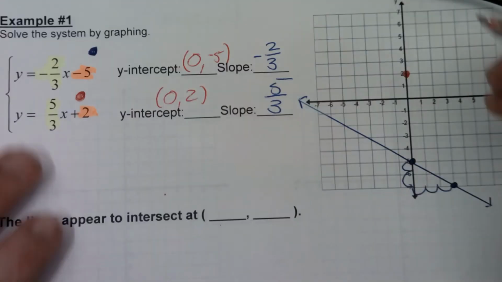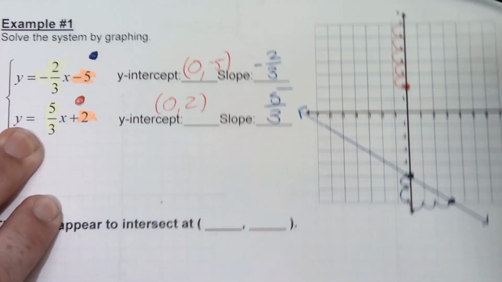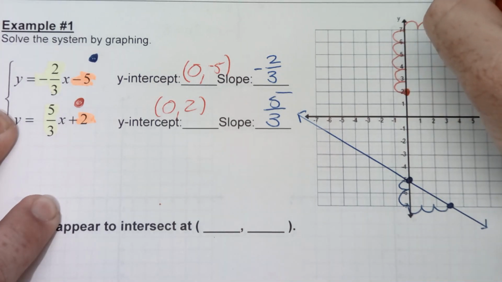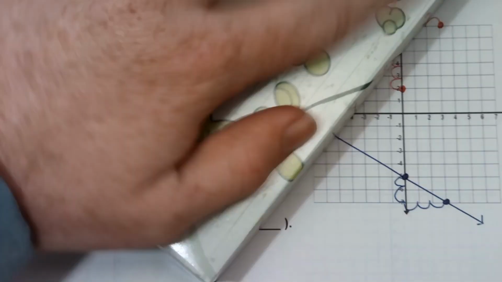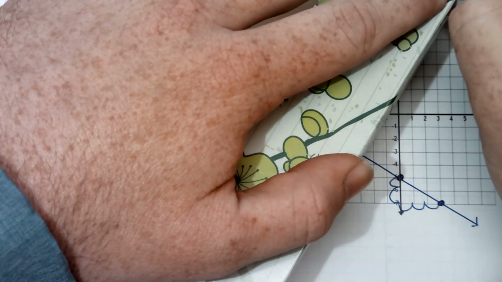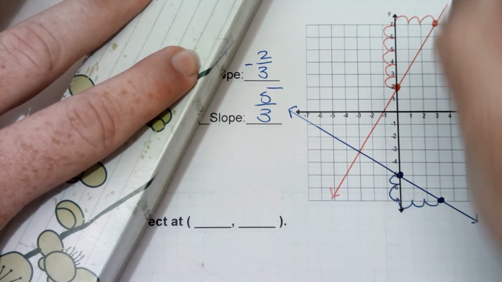So I go up 1, 2, 3, 4, 5. Then I go to the right 1, 2, 3, and I make my next point there. I have 2 points, so I can draw my line using my tissue box. That is our second line.